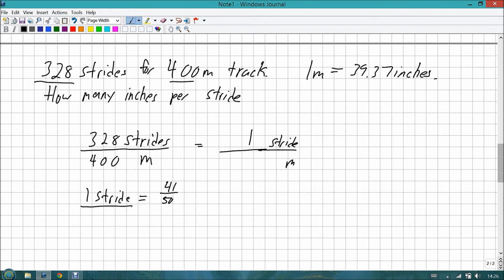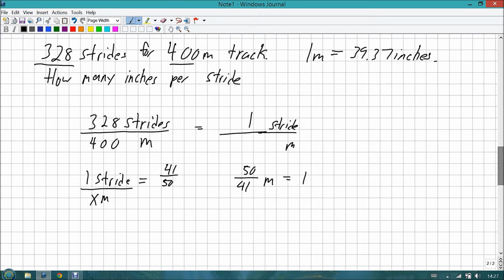So one stride per meter is equal to 41 over 50, which would give us 50 over 41 meters per stride, right? Because we do the cross multiply, and then we would cancel. All right, so I just reduced this one, strides per meter, to give us one stride is how many meters. So that'd be x down here, and then we would solve for x.